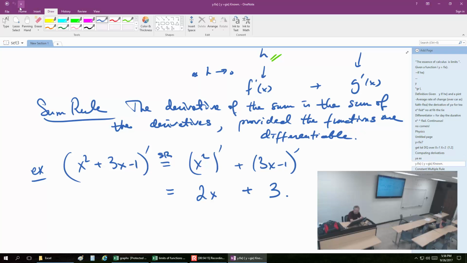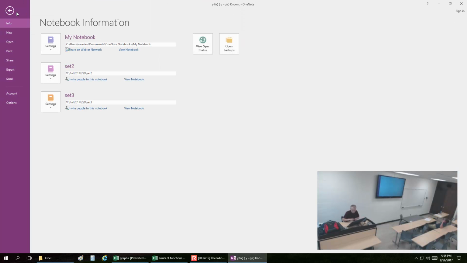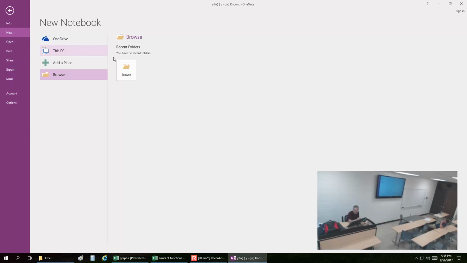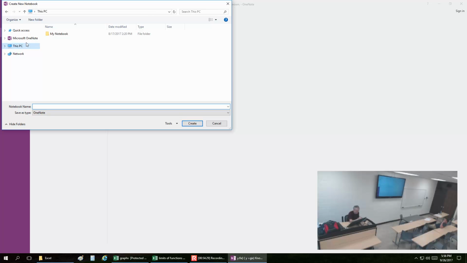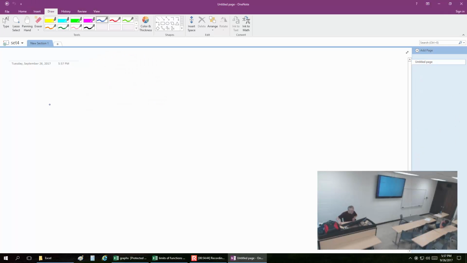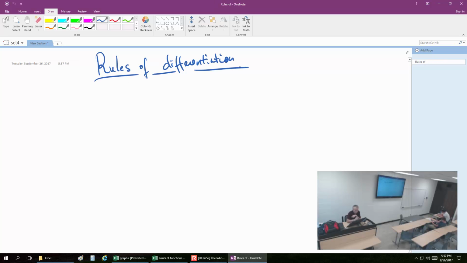Okay, so more rules of differentiation. Let me start a new one. So sum rule once again: (f plus g) prime is equal to f prime plus g prime.